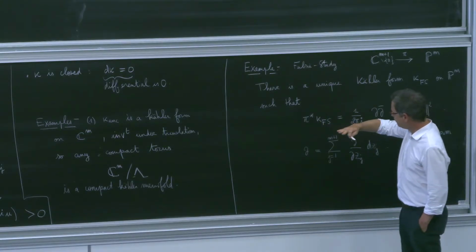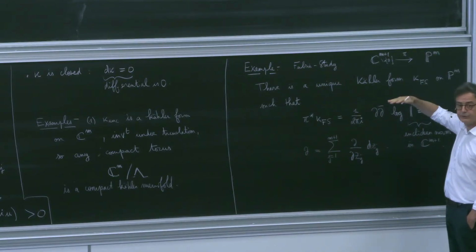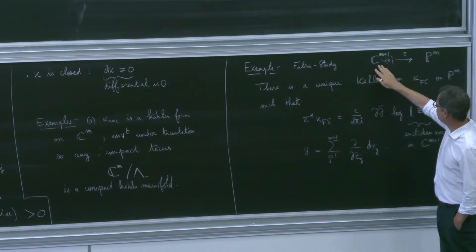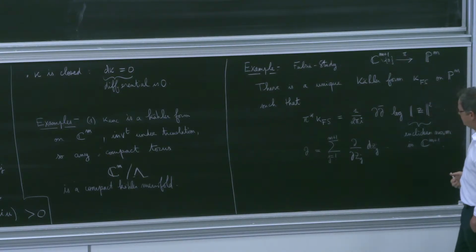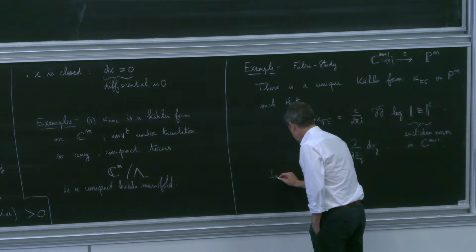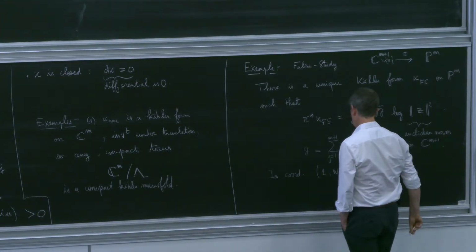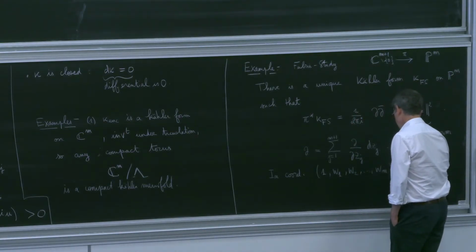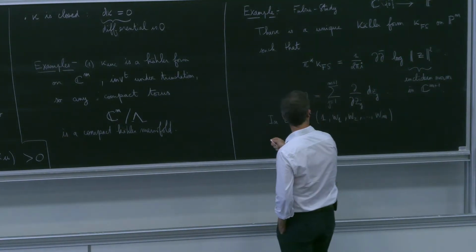If you take a slice of C^(m+1) by an affine hyperplane, saying for instance that the first coordinate is 1, then pi restricts to a one-to-one map onto its image, and in affine coordinates 1, w1, w2, ..., wm, you can compute this and you get a horrible formula.